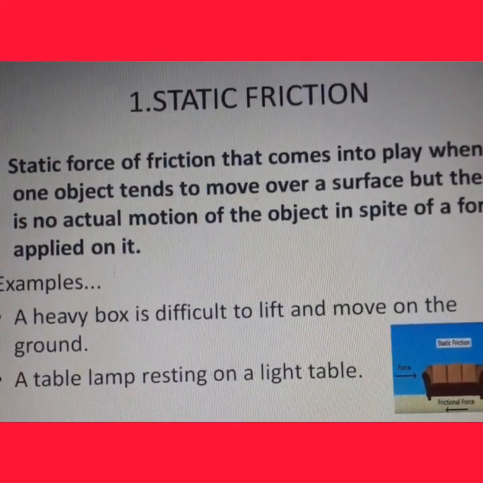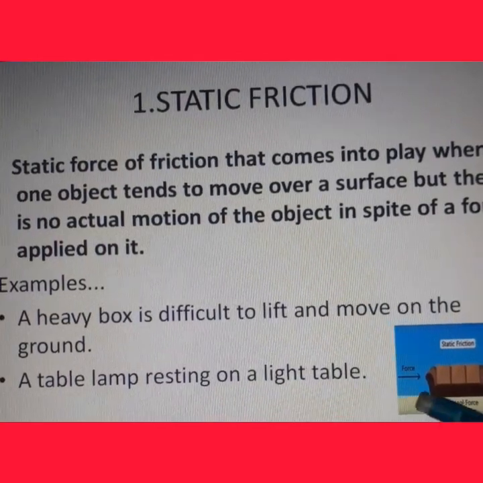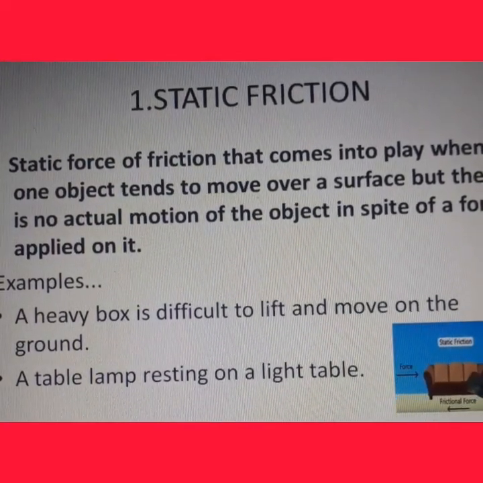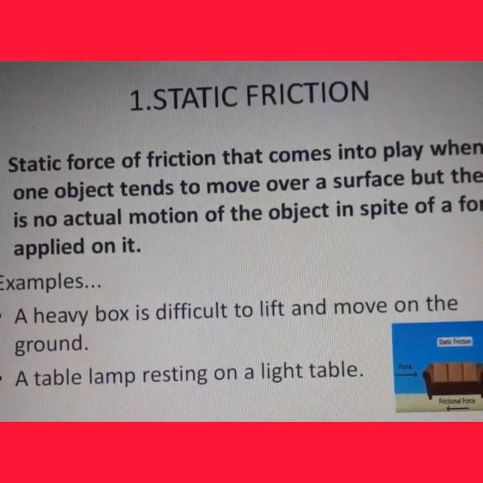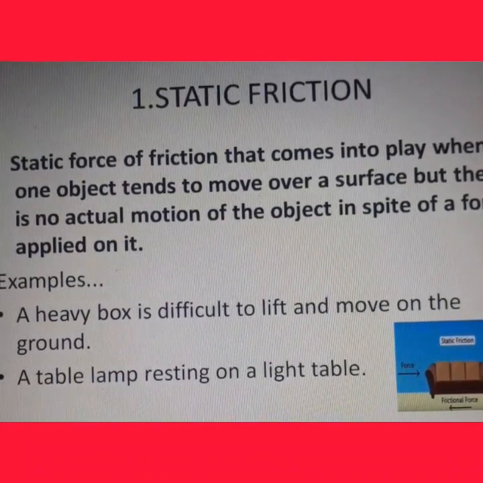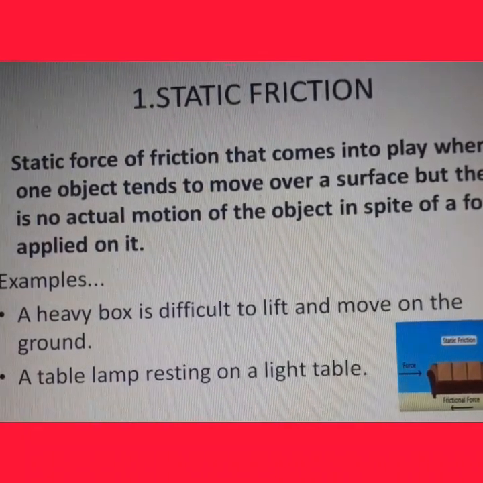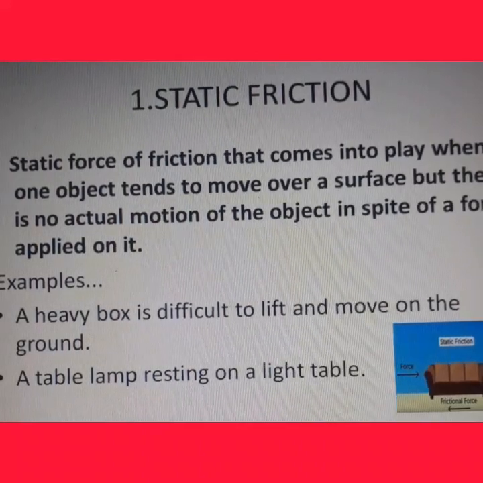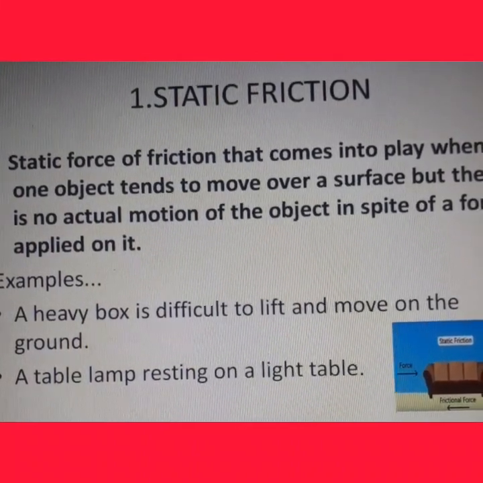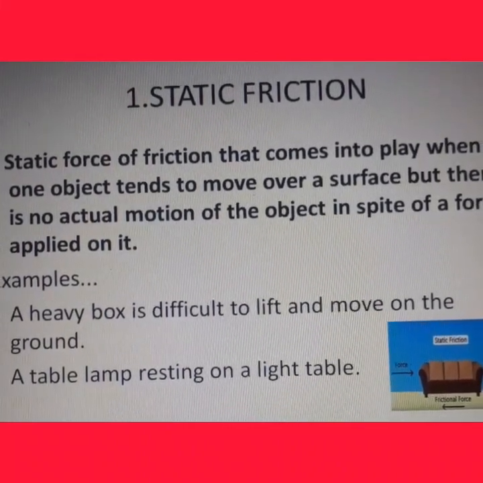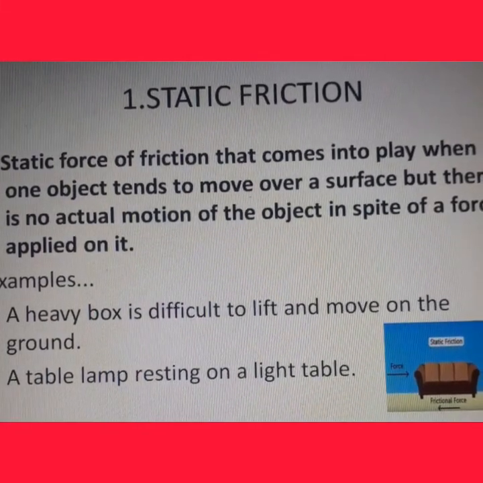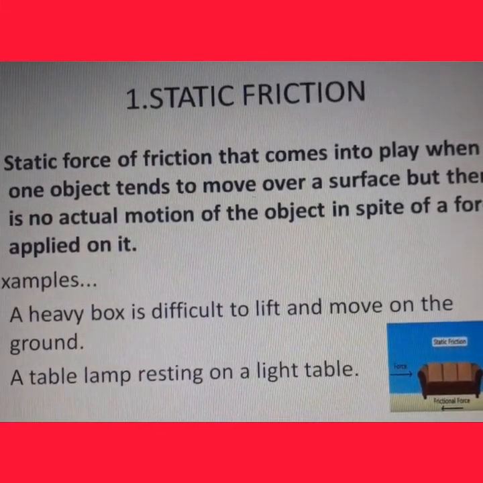It is so heavy that even though the force is applied on it, the sofa doesn't move from its place. Or you can think of a heavy box. It is difficult to lift or move even though the applied force is very large.